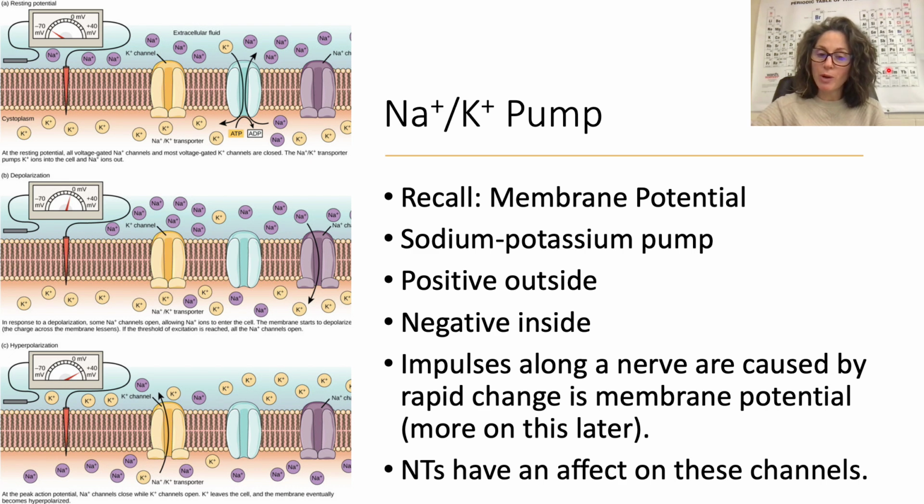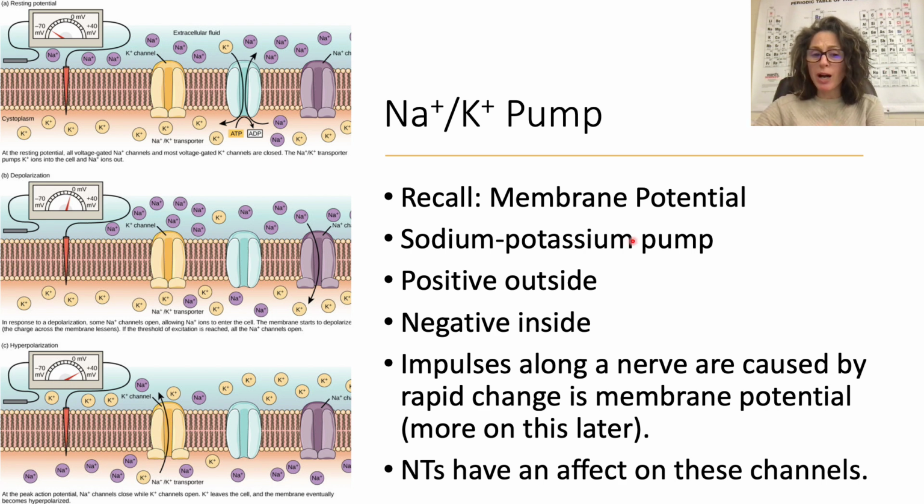Recall when we have a neuron, we have a cell body and then a long axon coming off of it. Along that axon, when a message or a signal is being sent down, we have this constant changing of membrane potential. We're going to talk a little bit today about how that happens, but we go into more detail in a future lesson.